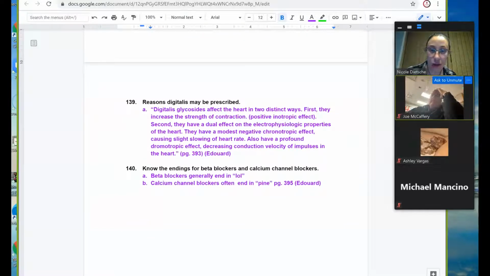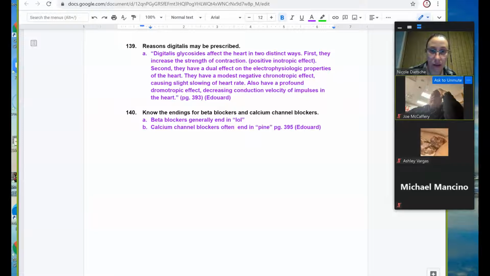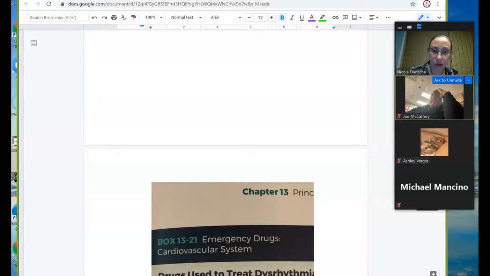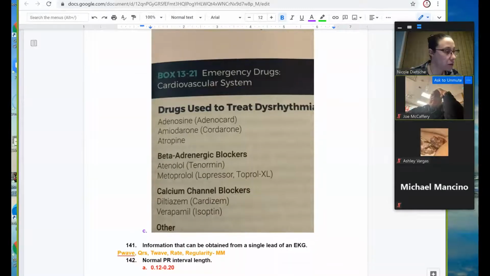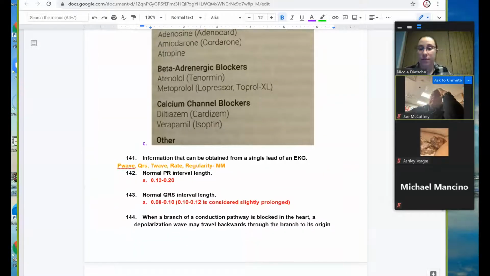So if you have a patient who has a problem with tachycardic dysrhythmias, are they going to be getting digitalis? Okay, 140 spot on. Emphasis on that one.